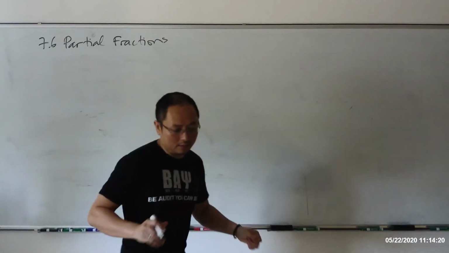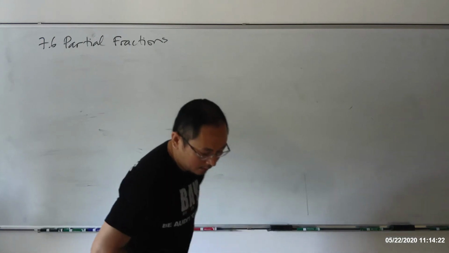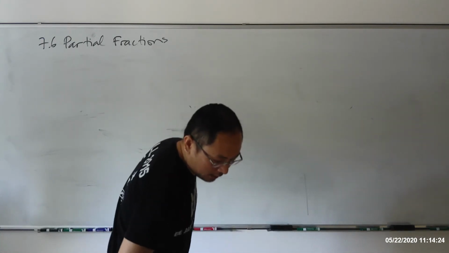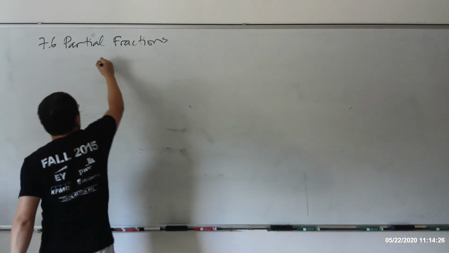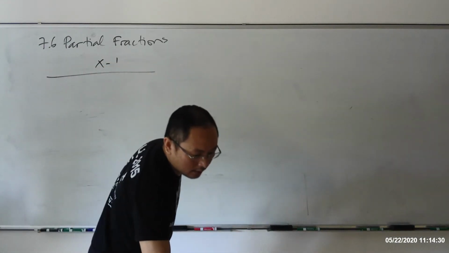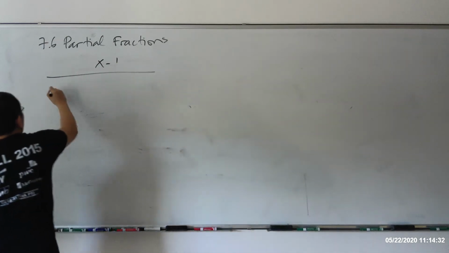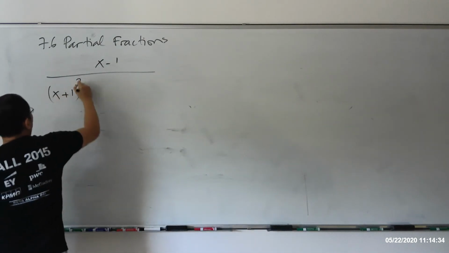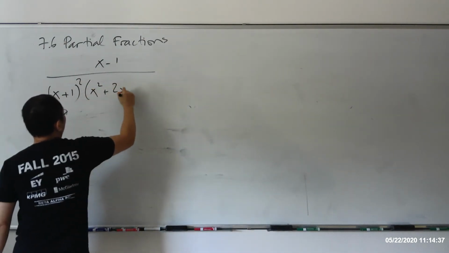See what we have in here, 49. We have x minus 1 over x plus 1, everything squared, times x squared plus 2x plus 2.